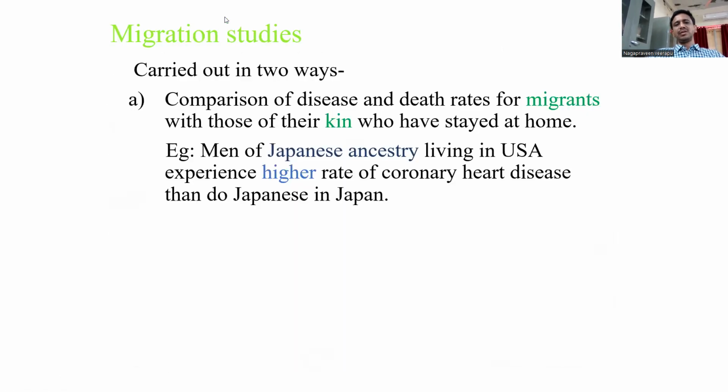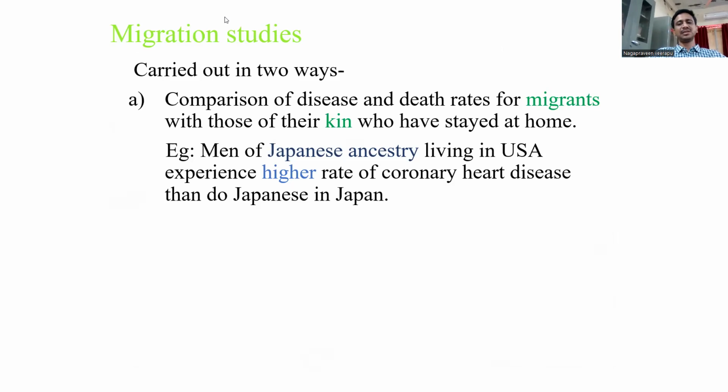Migration studies are carried out in 2 ways. One is comparison of the disease and death rates of migrants with those of their kin who stayed at home. So we are comparing the disease and death rates of the migrants with those of their kin, meaning close relatives, blood relatives, who did not migrate to other countries.